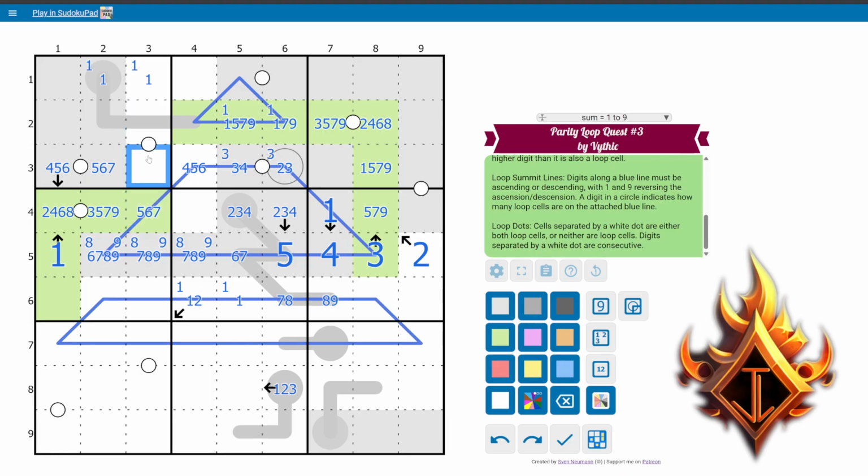Could this be 8? If it was 8, that would be 7, that would be 9. That would be 7, 8, making that 6. This would have to be 7, 8, 9. Or 7, 8, I mean.